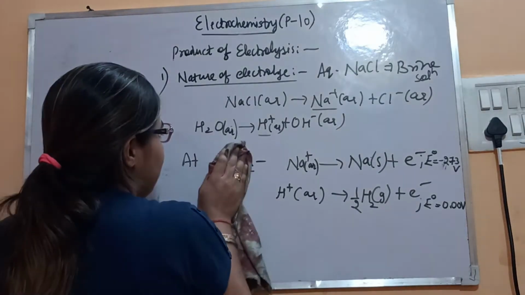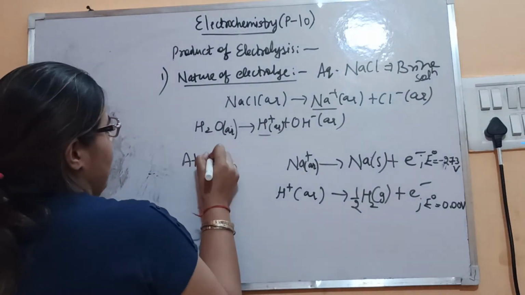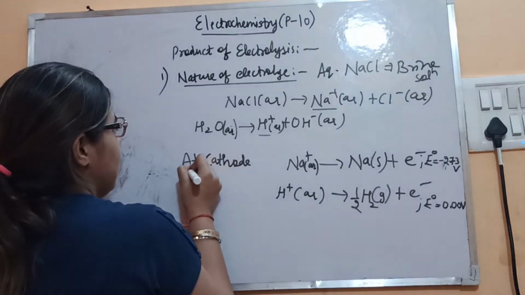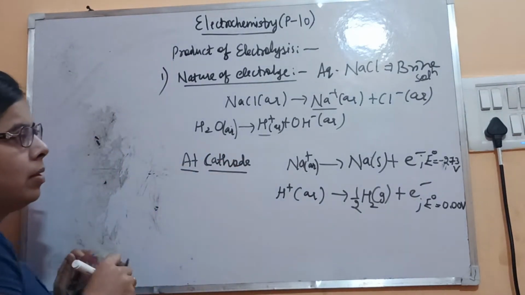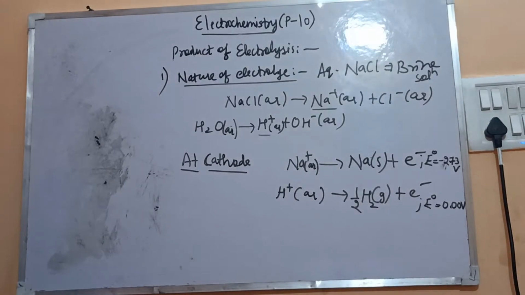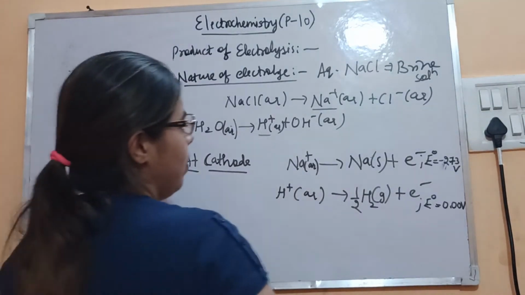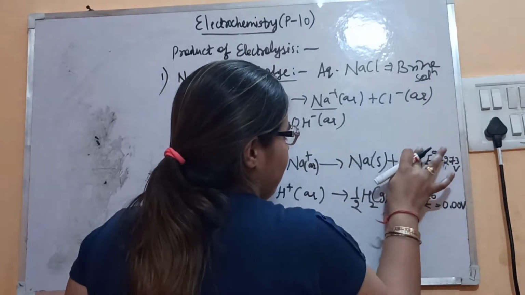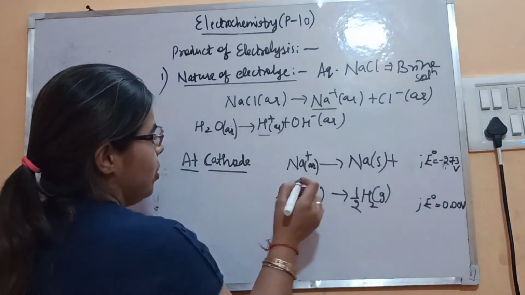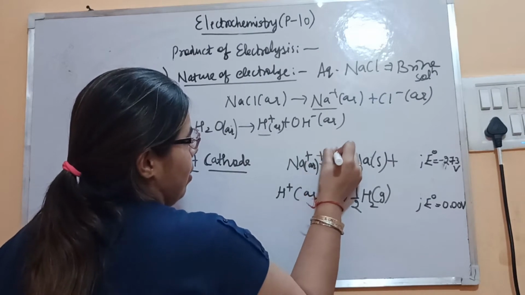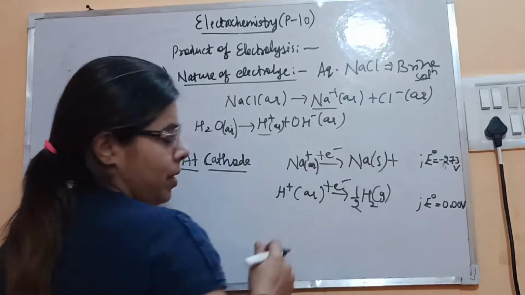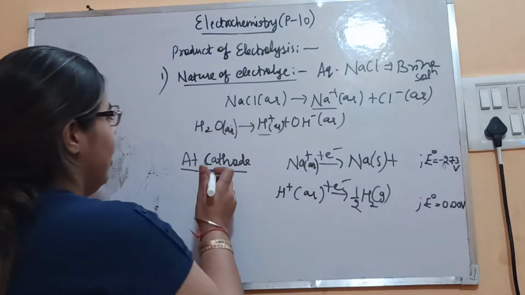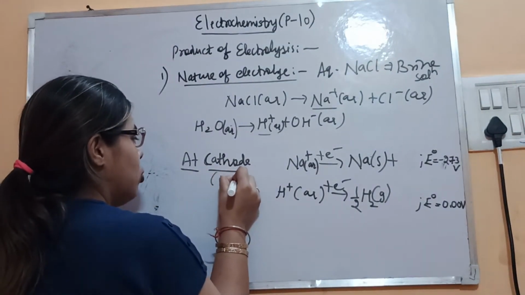These are the reactions at the cathode, that is, reduction is taking place by the gain of electrons. Then only it will get converted into neutral species. So here gain of electron is taking place. At cathode, reduction.